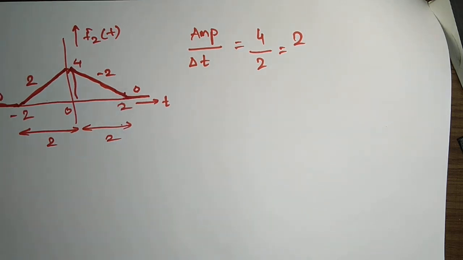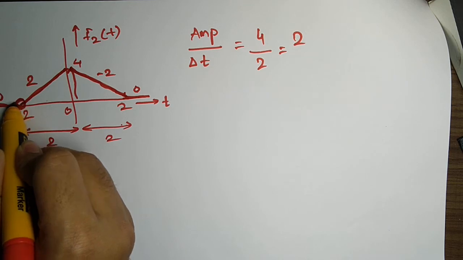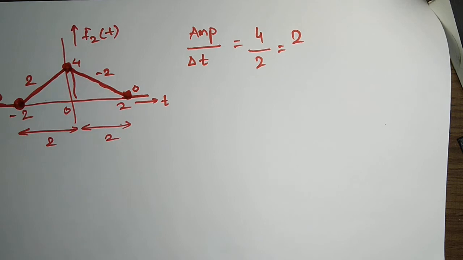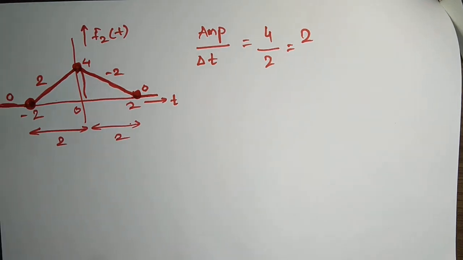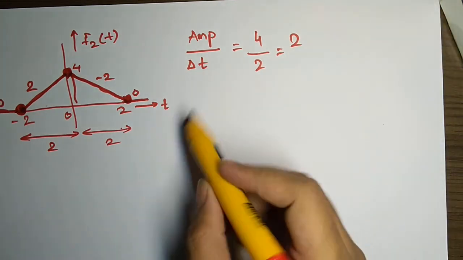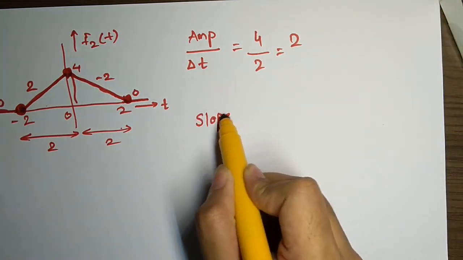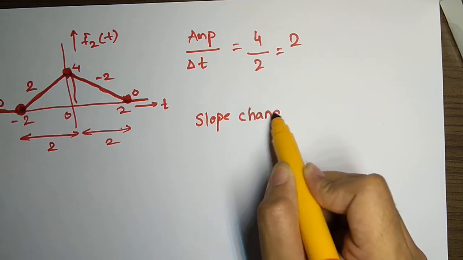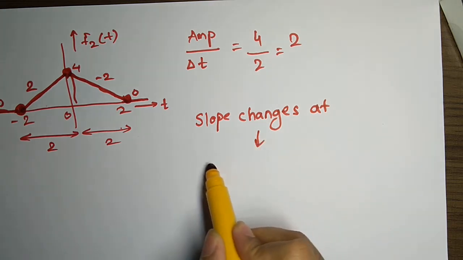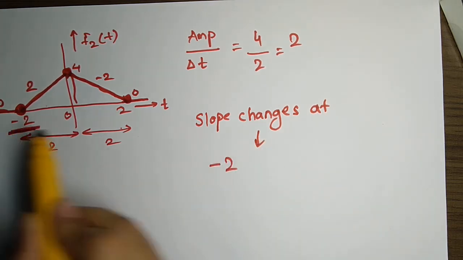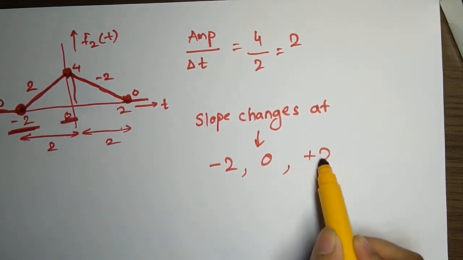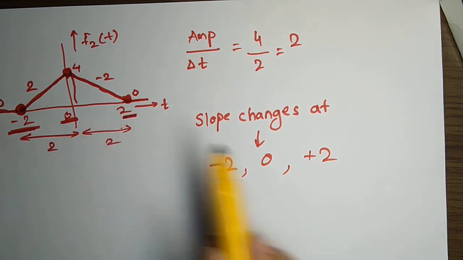So from this only we can see that there are 3 points in which the slope suddenly changes, right? So just like step signal, slope changes at minus 2, 0 and 2, correct?